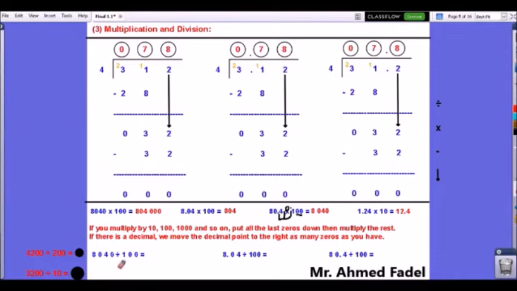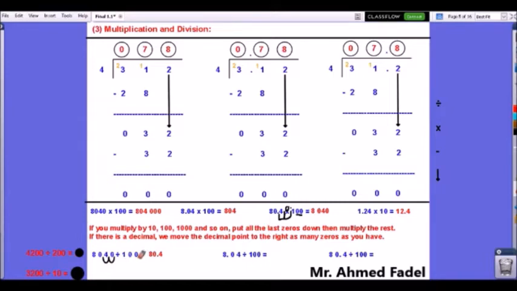So moving it, how many times? 1, 2, to the left. Moving this 2 times to the left, we'll put the point between 80 and 40, between the 0 and the 4. So the final answer is going to be just 80.40, which is the same as 80.4.